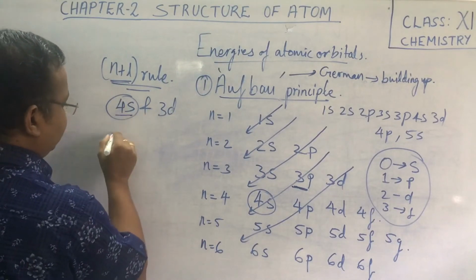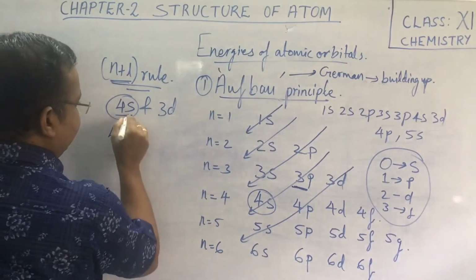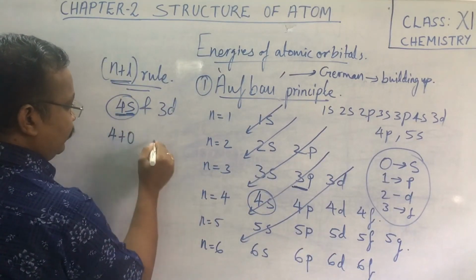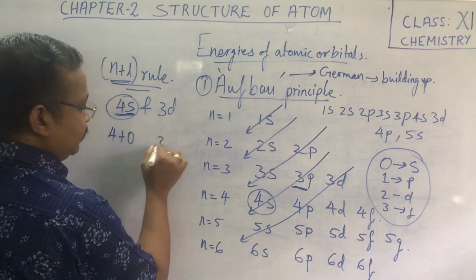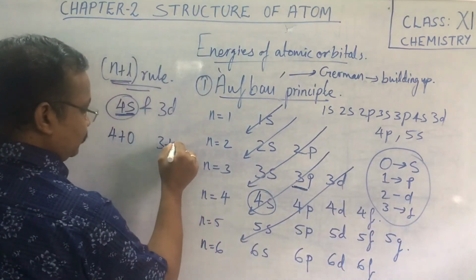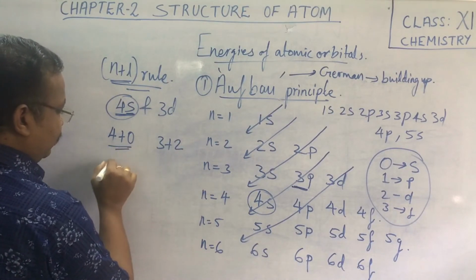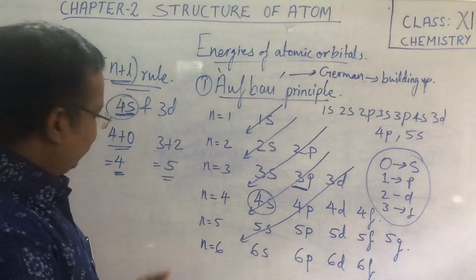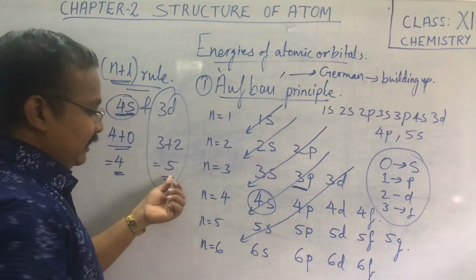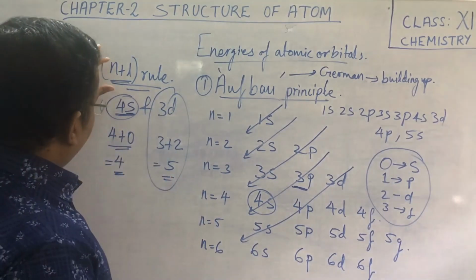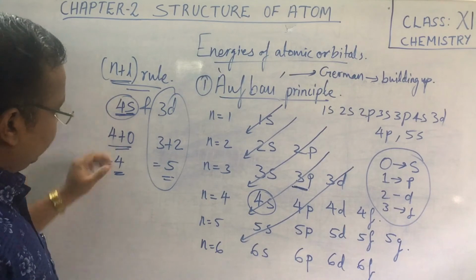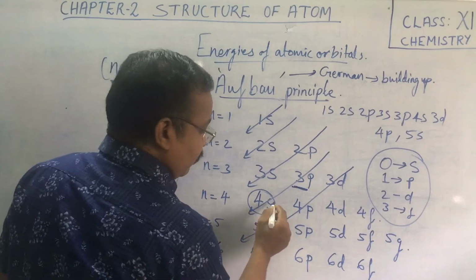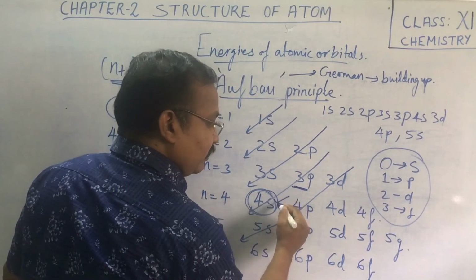Now for 4s, 4 is the n value and s has the value of 0, so 4 plus 0 is 4. For 3d we have 3 plus the d value, which is 2, so 3 plus 2 is 5. Children, understood? Now 3d has a higher n plus l value, 5, and 4s has a lower value, that is 4. So which one will be filled first? 4s will be filled prior to 3d.